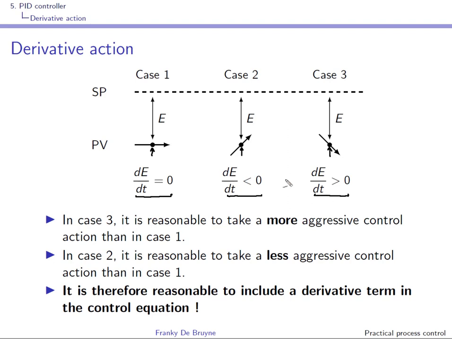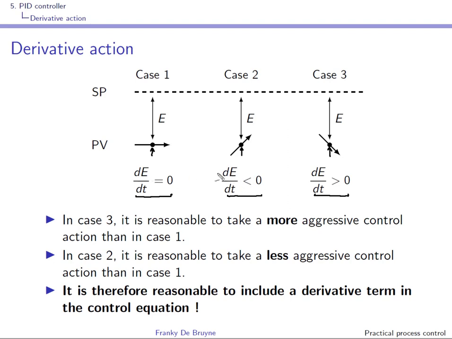If you use a PI controller in these three situations, you will do exactly the same thing. The output of your controller will react in exactly the same fashion, because you do not take into account the derivative of the error.